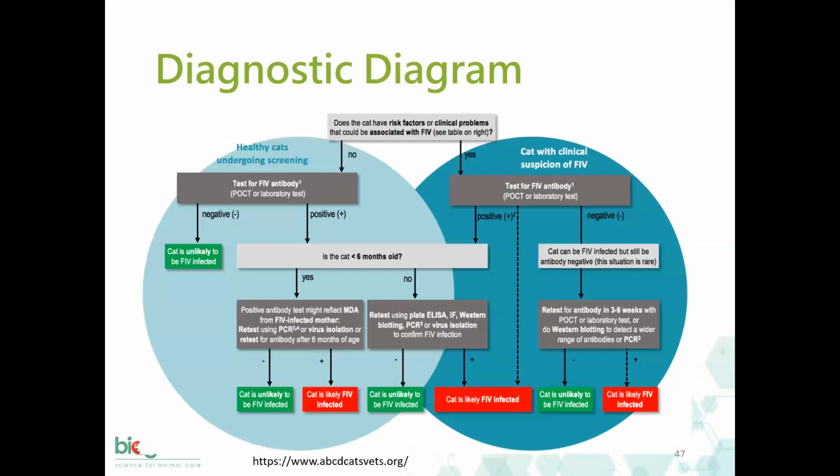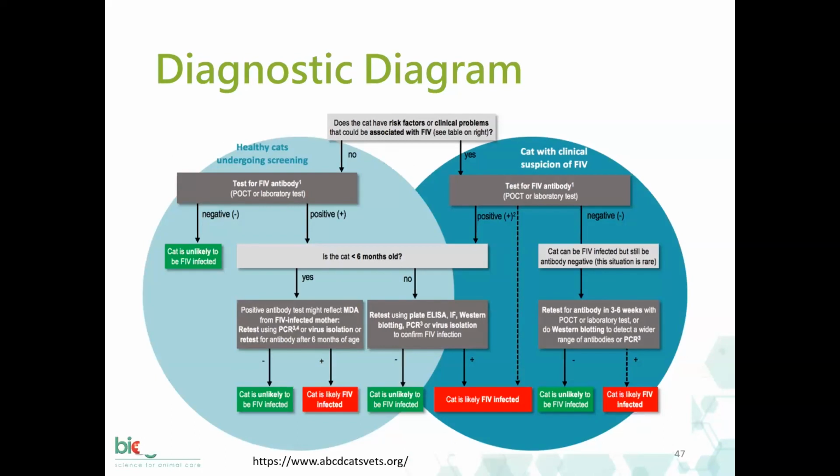So this is the diagram on how to detect or diagnose FIV. First, it starts by asking whether the cat has any risk factors or clinical problems that could be associated with FIV.